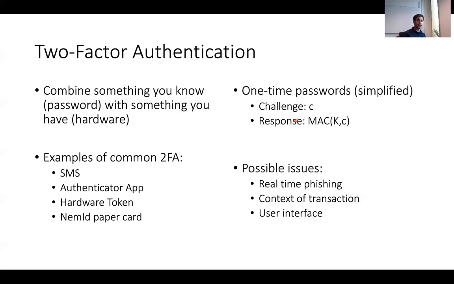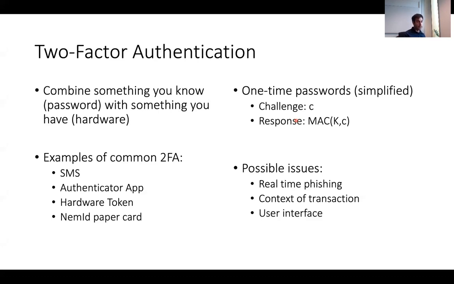These days, increasingly, services are also sending information about the context of the transaction. For instance, when you're authenticating a credit card transaction, you will get an SMS that says: here is the code that you should input for the transaction of 500 krona on the website shop.dk. In this way, they help you to know whether you're being real-time phished or not.